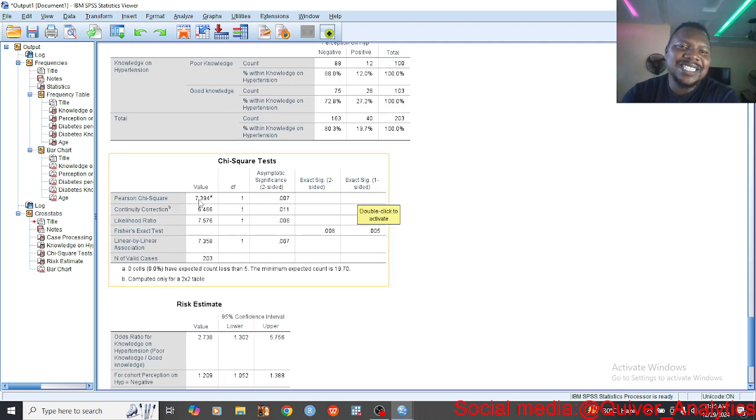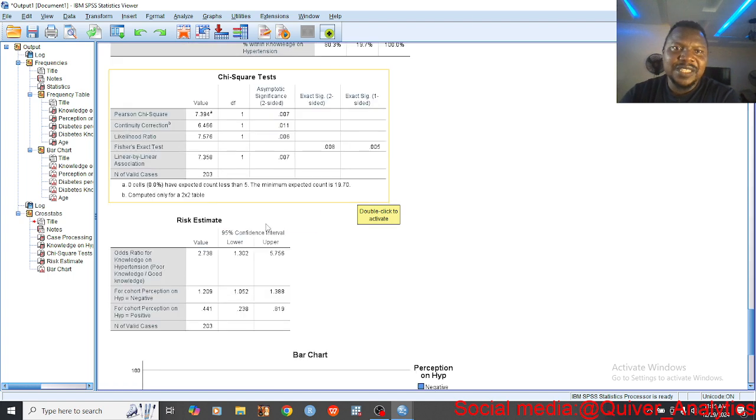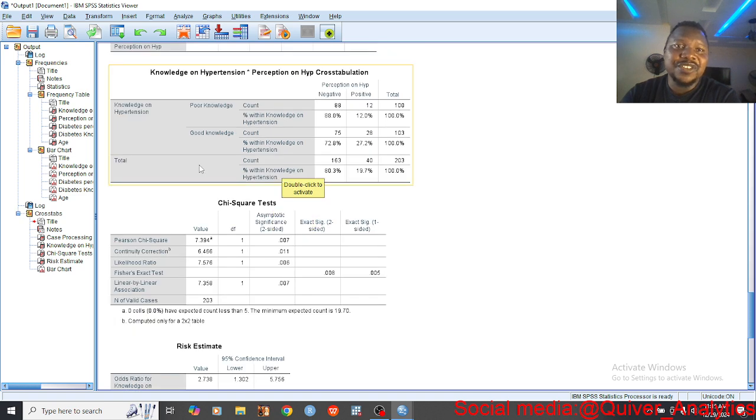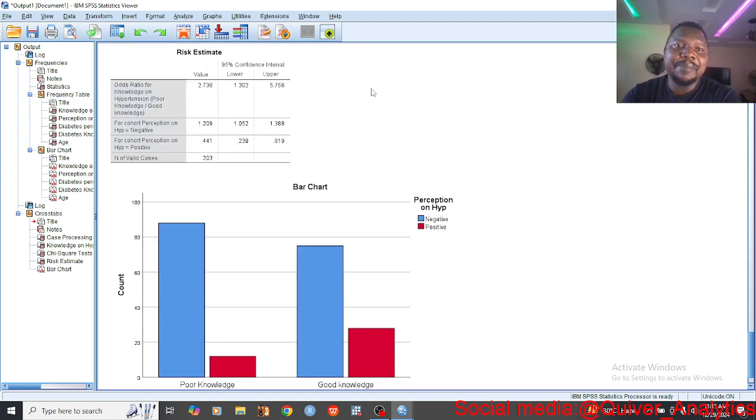Looking at the Pearson chi-square, the value is 7.3 and it is significant. You can see it is 0.007, which is smaller than 0.05. So we say there's indeed a relationship between knowledge of hypertension and perception of hypertension.